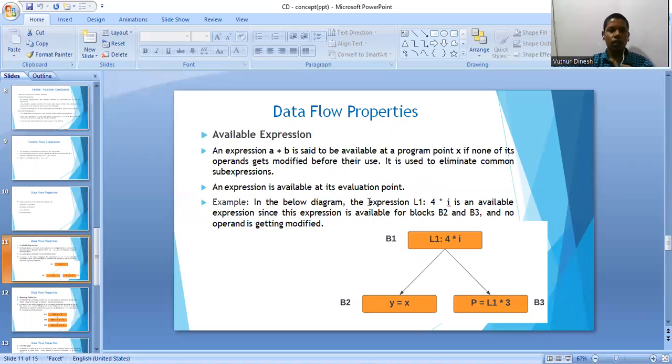Example, in the below diagram, the expression L1 = 4 * i is an available expression since this expression is available for blocks B2 and B3 and no operand is getting modified.